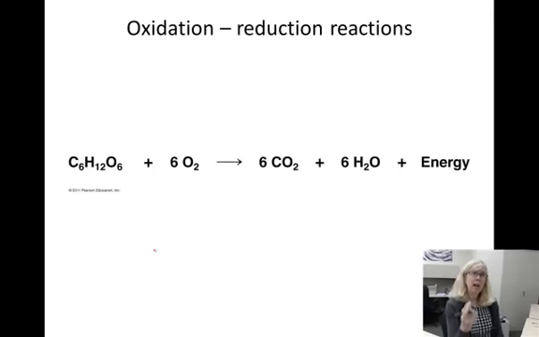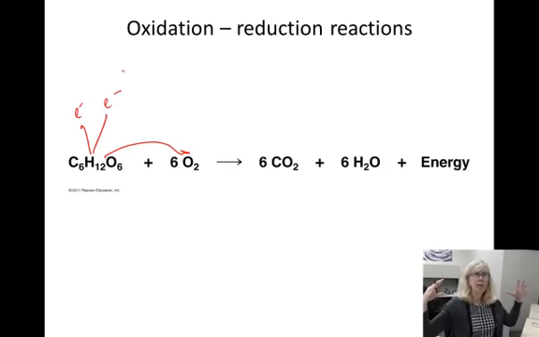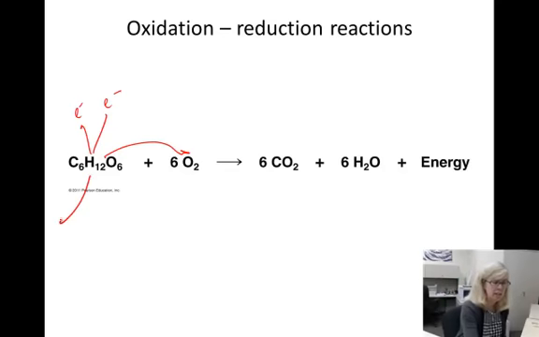A redox reaction is moving electrons from one reactant to another. Glucose is a reduced molecule, and the electrons here are high energy electrons on outer orbitals that are relatively easy to pop off. So I'll draw them here.